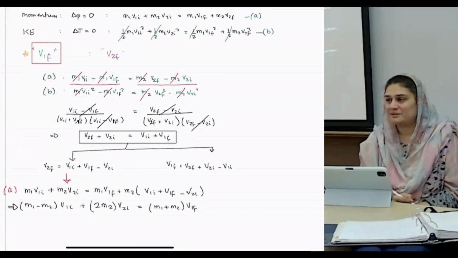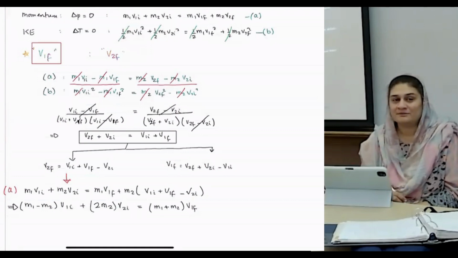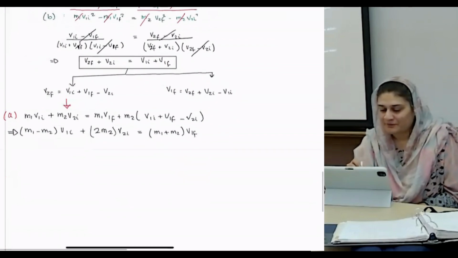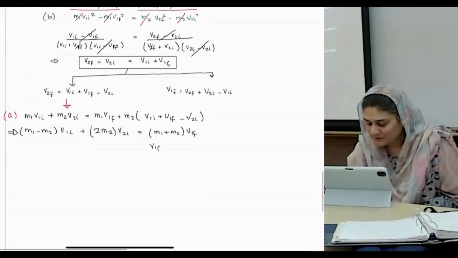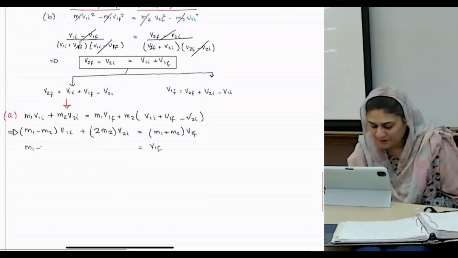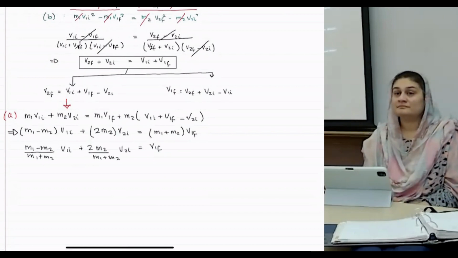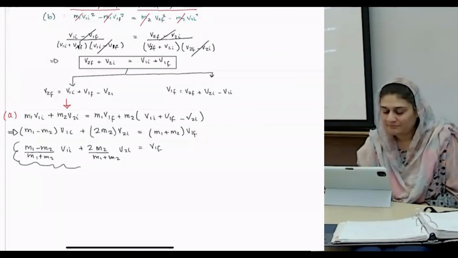Do you see that somewhere in this equation? What side do you see it at? Can you rearrange this equation so that it becomes alone? Okay, so may I rewrite this as V1F equals M1 minus M2 divided by M1 plus M2 times V1I plus 2M2 divided by M1 plus M2 times V2I. Woohoo! All done.